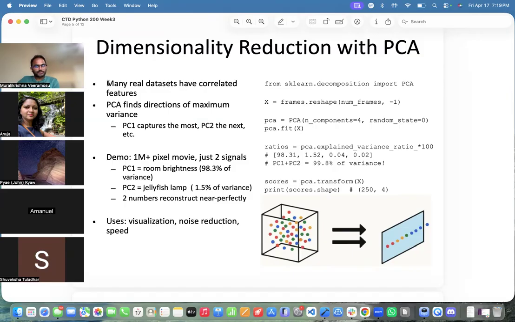Because those features are correlated, meaning let's say they're all positively correlated. Then instead of having 50 positively correlated features, you can have one feature to train the model, right? So many real data sets have correlated features. So PCA finds directions of maximum variance.